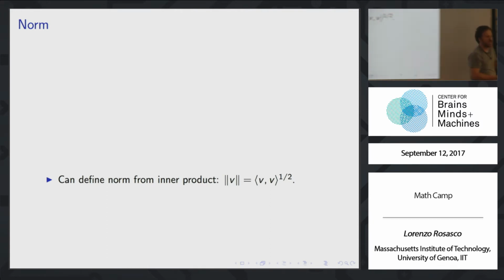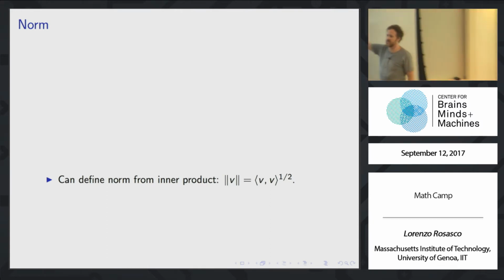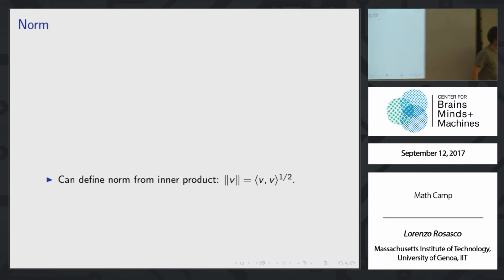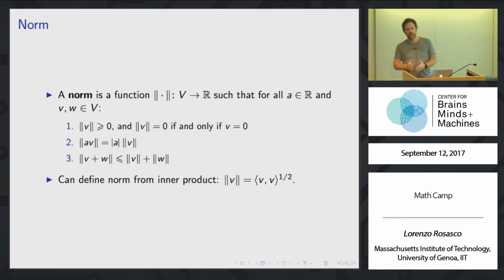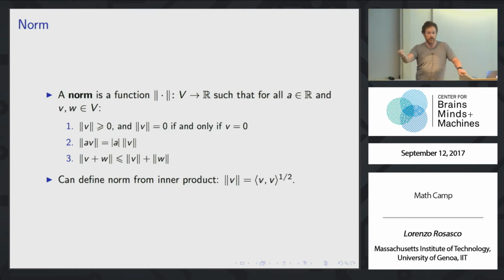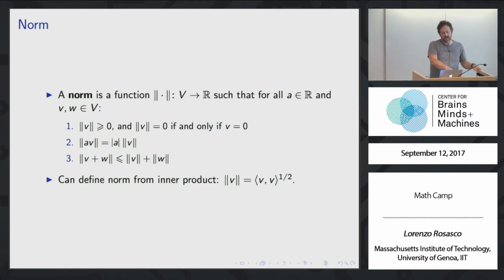In this case, if we don't take this as the definition, we have to define what it is. And there is a similar game. What is a norm? It's a function that takes one thing and returns a number, which can be positive. And if you take the norm of something, it can be 0 only if I put 0.